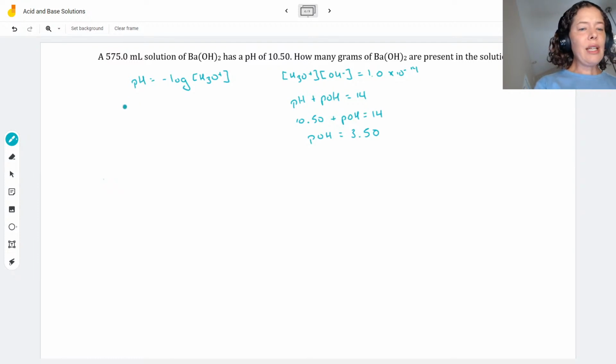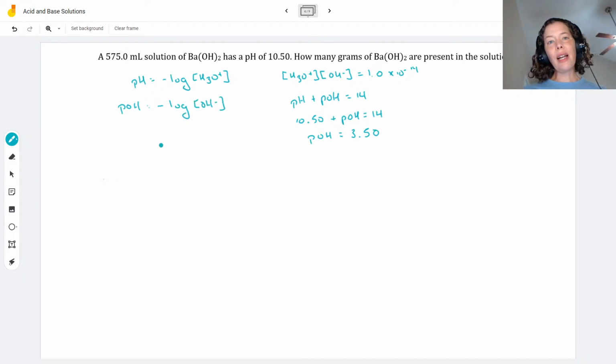So now what I can use is this formula. And now I'm working with hydroxide concentration, which is what barium hydroxide is going to give me. It is a base. It is an Arrhenius base. It gives hydroxide in solution. So I just find it easier to go ahead and switch to pOH and work from that.